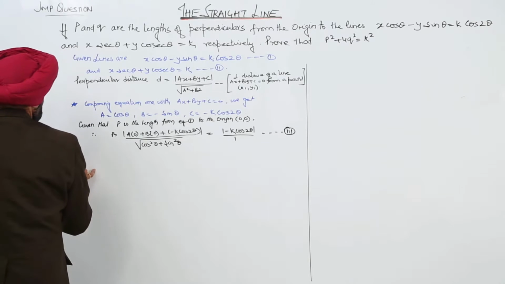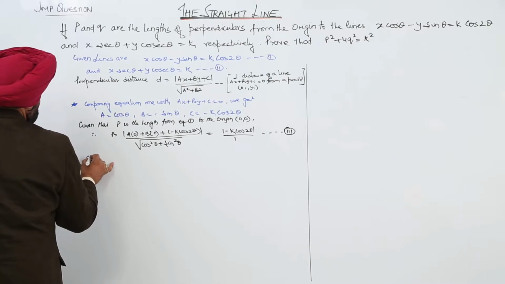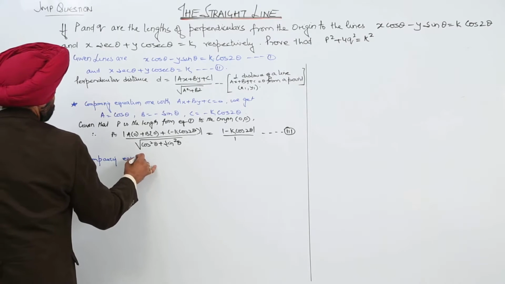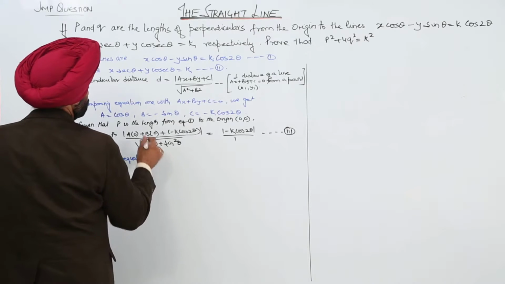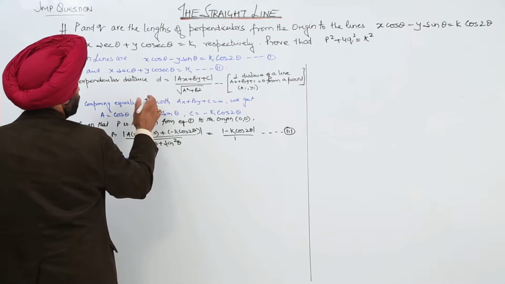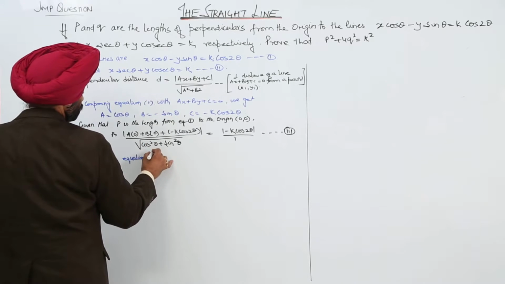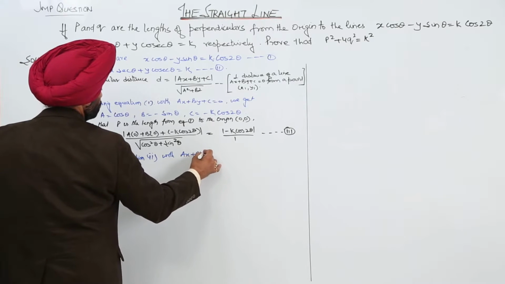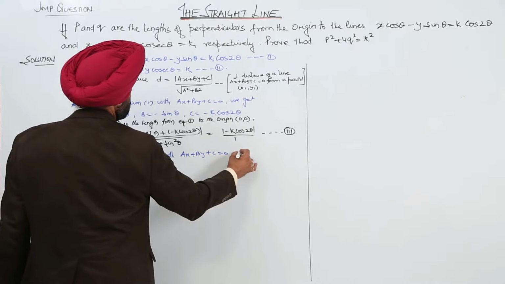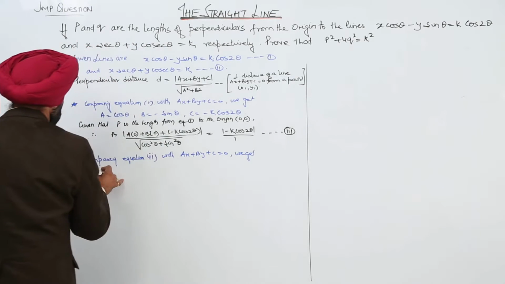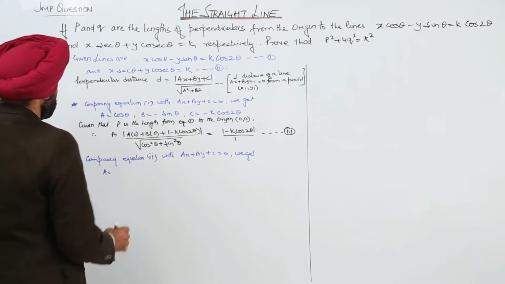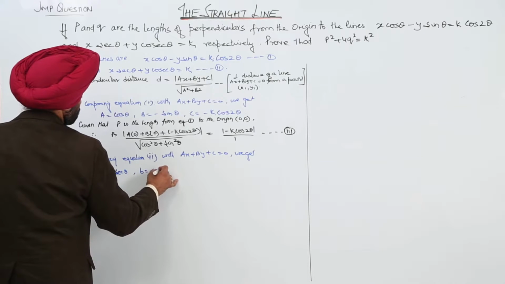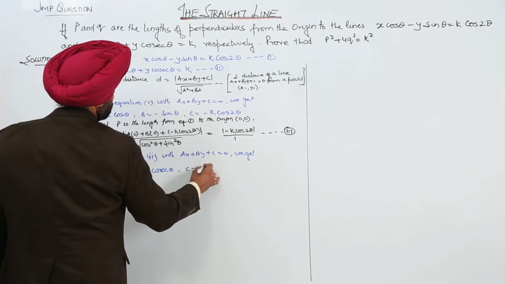Now, comparing equation 2 with ax plus by plus c is equal to 0, that is in the general form, we get a is equal to secant theta, b is equal to cosecant theta, and c is equal to negative of k.